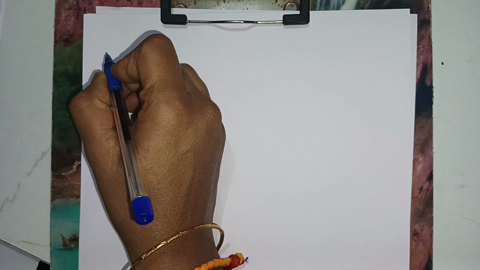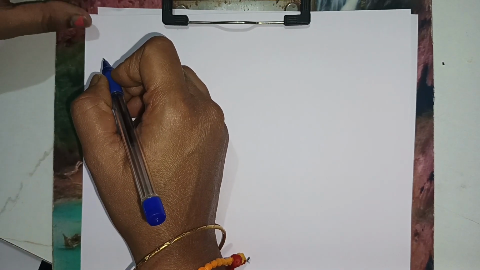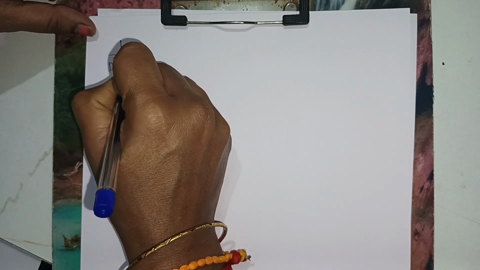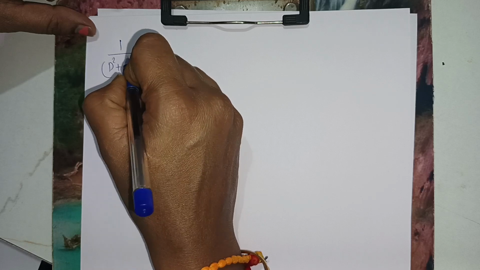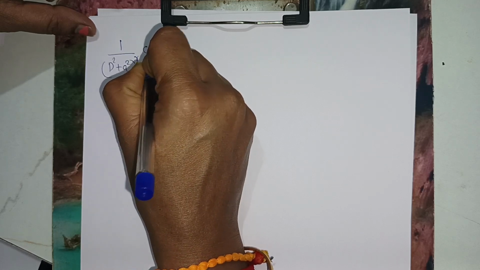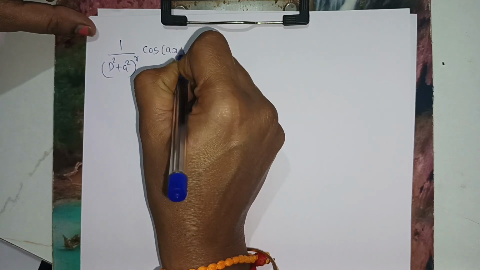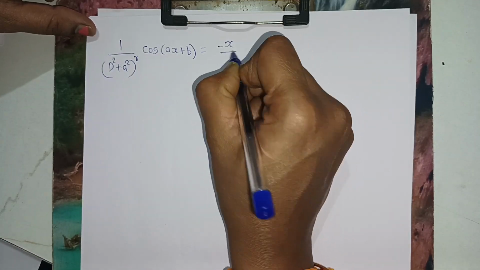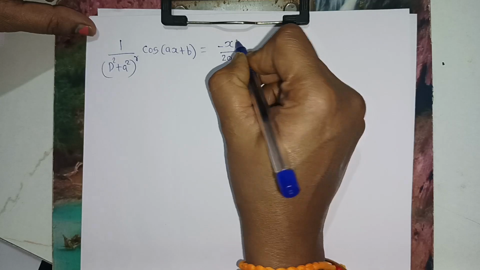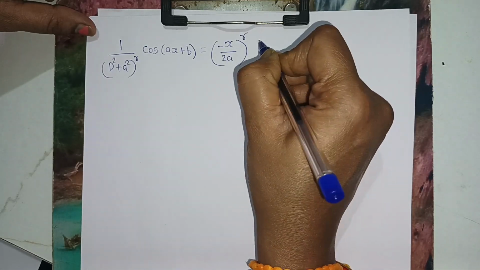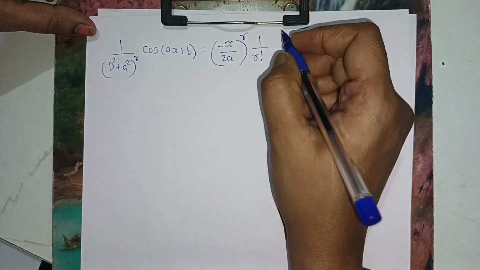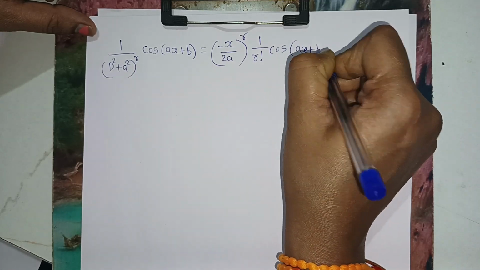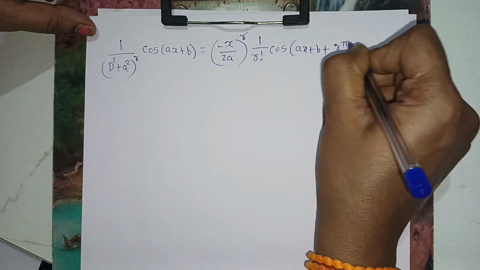Another way of solving the same problem is you can use the formula 1 upon D square plus a square raised to r, cos of ax plus b, is equal to minus x by 2a raised to r, 1 by r factorial, cos of ax plus b plus r pi by 2.